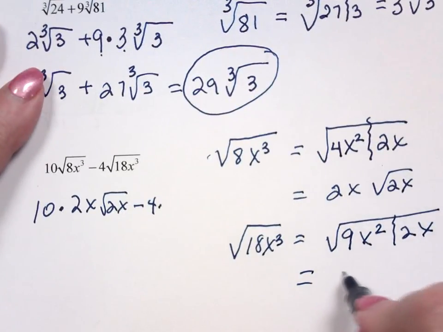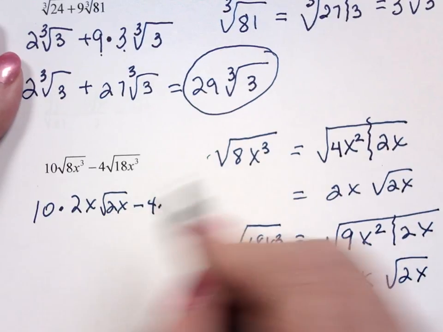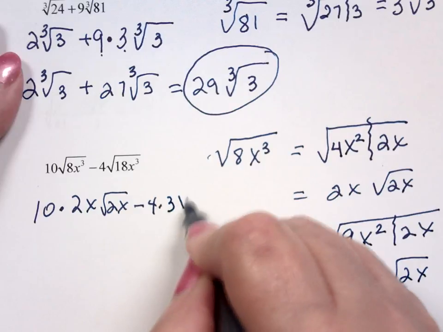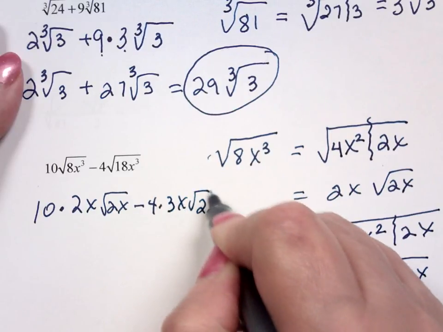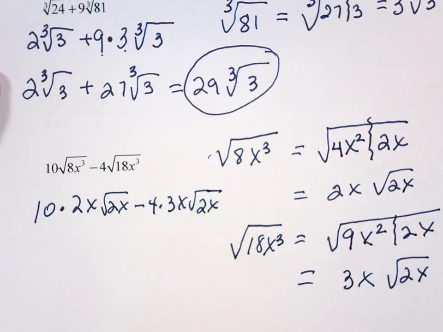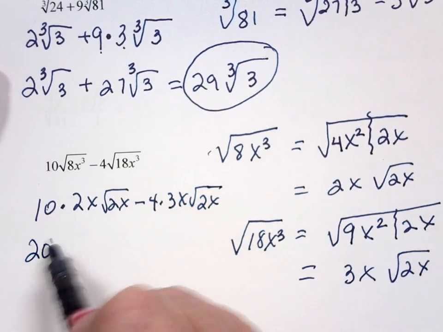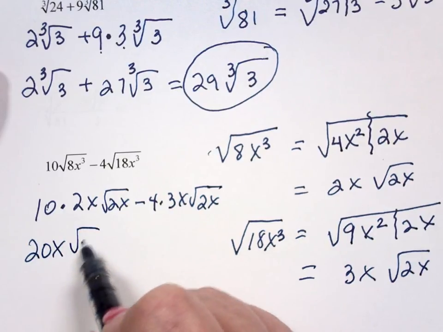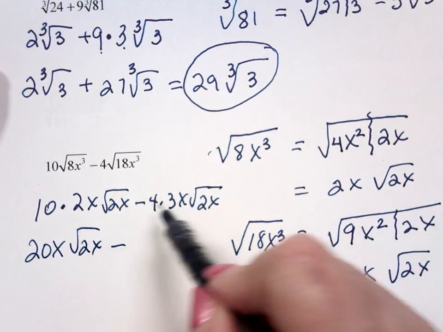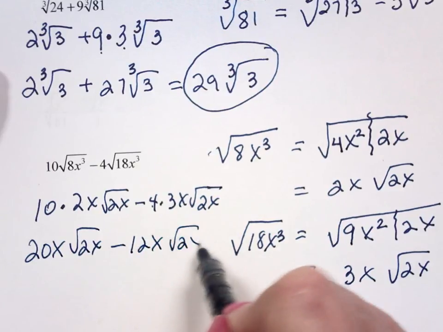So this is 3x square root of 2x. So now I have work to do. 10 times 2, this is 20x square roots of 2x minus 4 times 3 is 12x square roots of 2x.